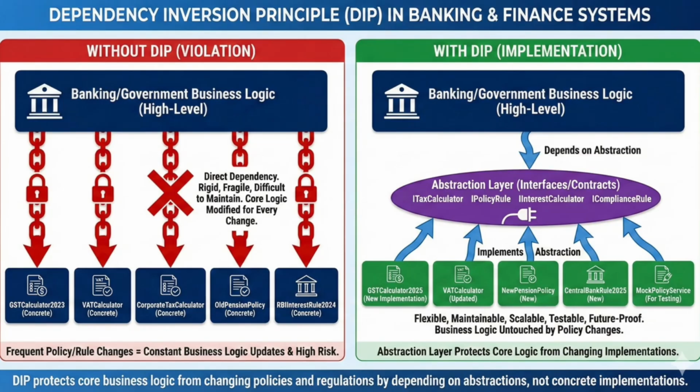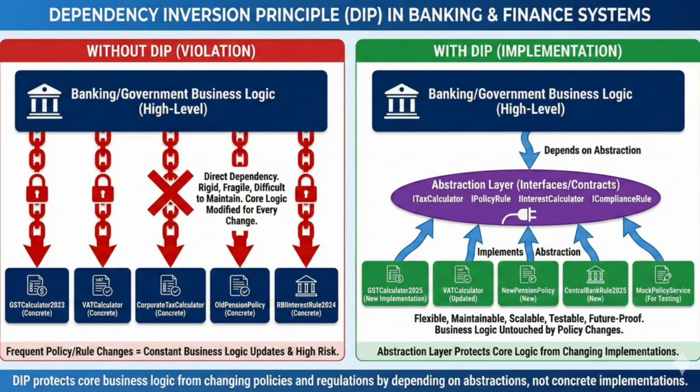Age eligibility rules change, benefit percentages change, new schemes are introduced, and existing ones expire. If the main system is directly tied to concrete policy logic, every policy update requires rewriting the business system. This increases cost, risk, and implementation delays.